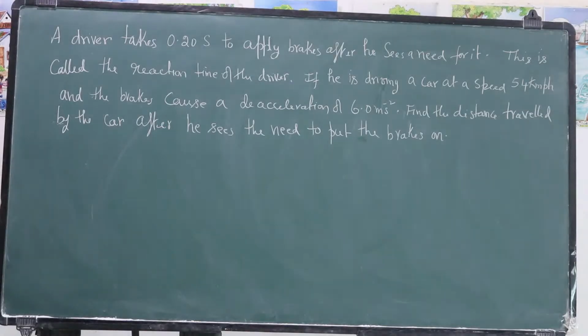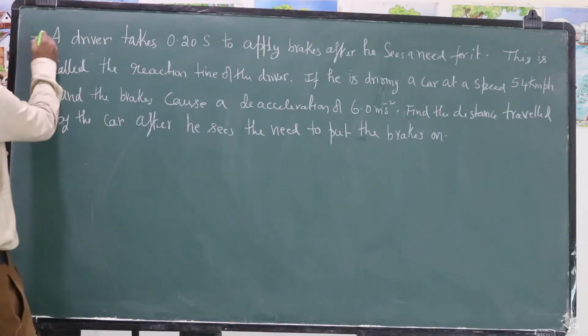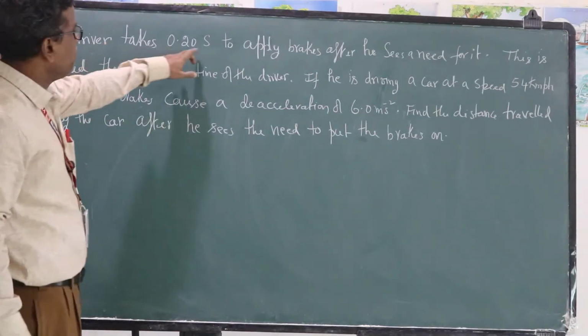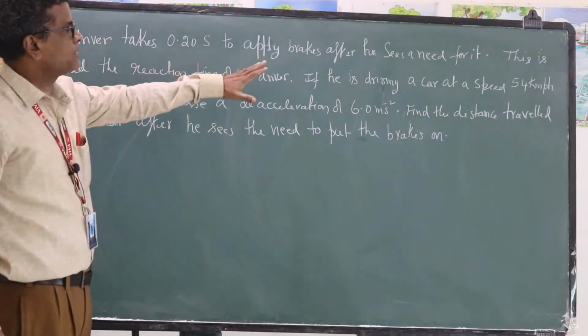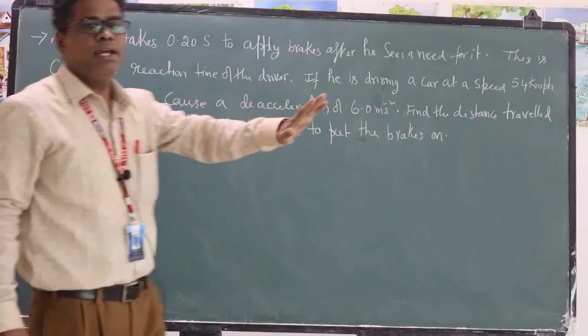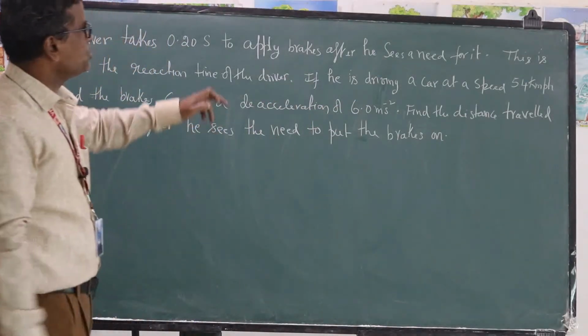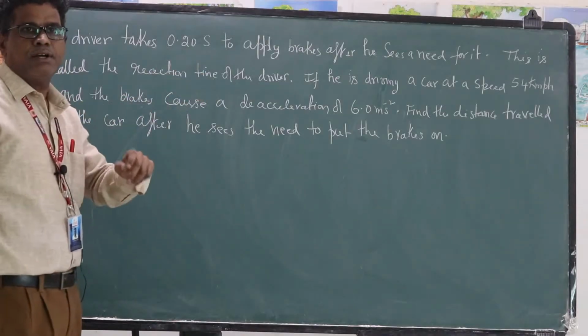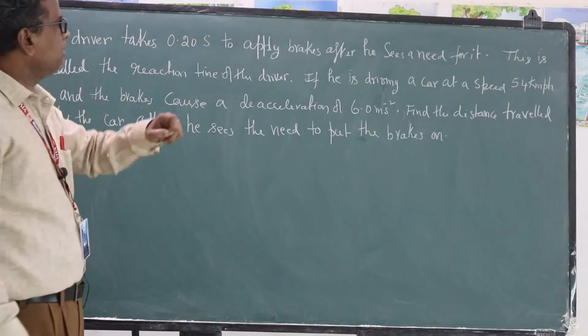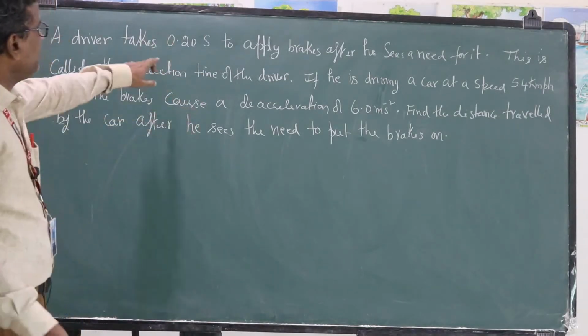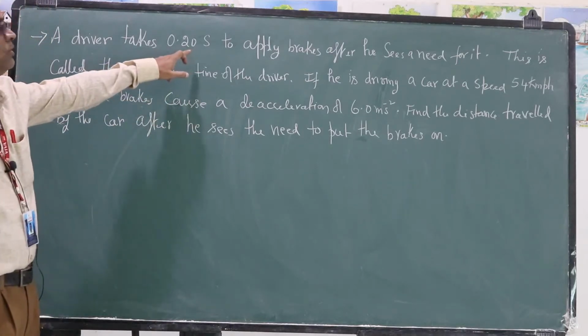So this is the problem. A driver takes 0.2 seconds to apply brakes after he sees a need for it. After getting the need for applying the brakes, it takes 0.20 seconds.